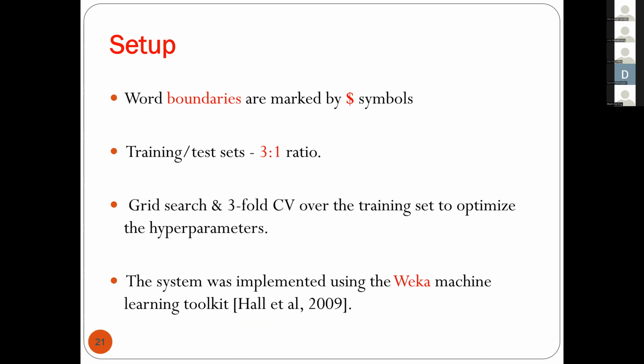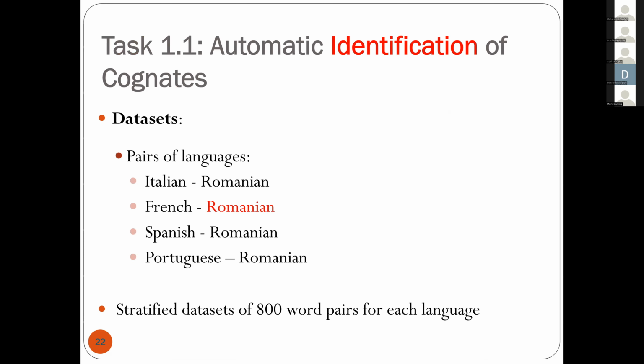Some explanation about the computational force, and here is the dataset which we used for our experiment. The pairs of languages are the ones I showed before: Italian-Romanian, French-Romanian, Spanish-Romanian, Portuguese-Romanian.